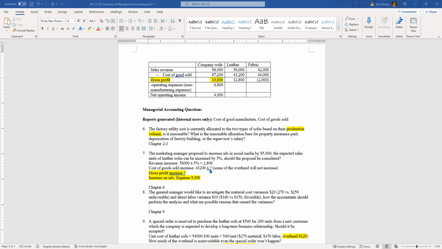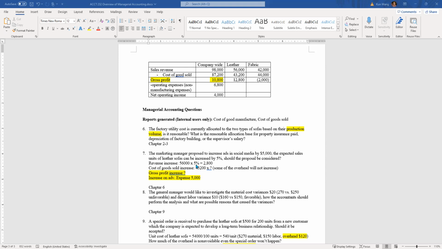But will the cost increase match the 5%? The cost includes direct material, direct labor, and all of the manufacturing overhead. The direct material and labor will increase when the volume increases, by 5% as well.